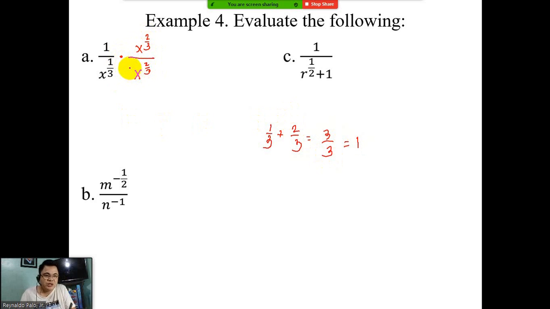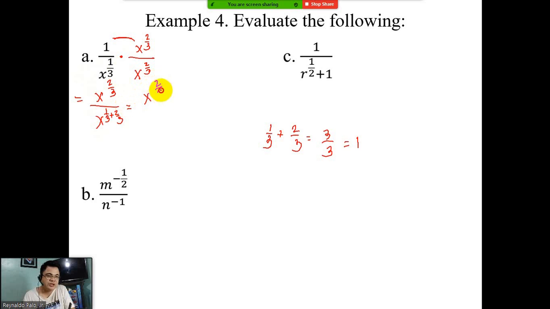It's not enough that you are going to multiply only on the denominator, the value will be changed. So if you multiply x raised to the power of 2/3 on the denominator, we have to also do it on the numerator. So 1 times x raised to the power of 2/3 is equal to x raised to the power of 2/3 over, so copy the base and then add 1/3 plus 2/3.